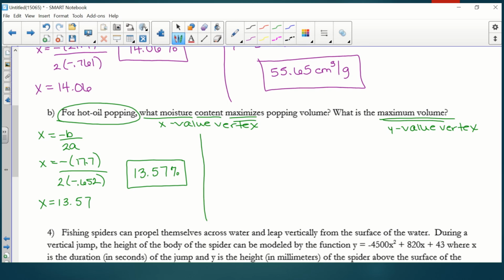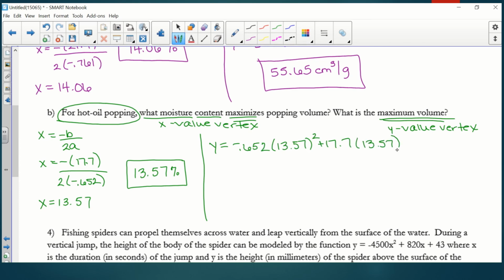Okay. So moving on from there, if I'm looking at finding the maximum volume, then I'm going to take that maximum moisture content, plug it in for x and solve for y. So everywhere I see x, I'm going to plug in 13.57. Now if you have your graphing calculator, these calculations are nice and easy.